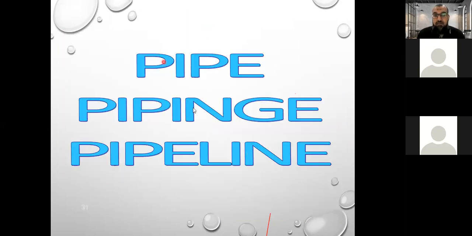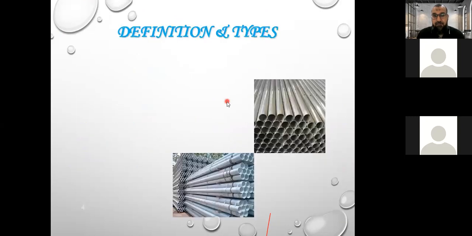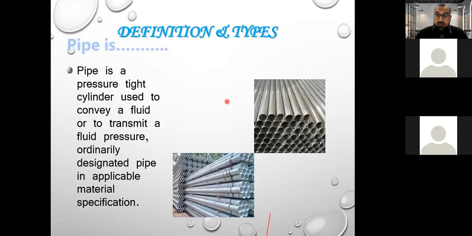Let's have also some definitions about piping and pipeline. I am going fast. Okay, I will go slowly. No problem. What do I mean by pipe? You know that the oil and gas sector contains oil or gas. So how can we carry this oil or gas?